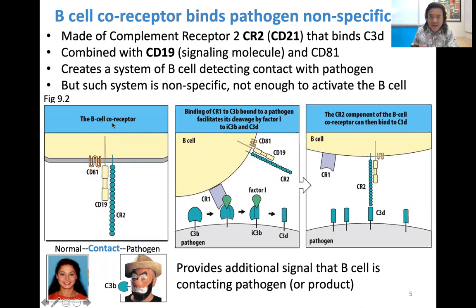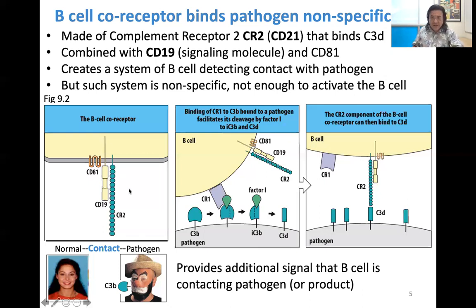Just in the same way that we talked about T cells having a T cell receptor complex as well as a co-receptor like CD4 or CD8, and they work together. B cells do a similar thing: not their Ig alone binding to something, but involving some other help from a co-receptor.